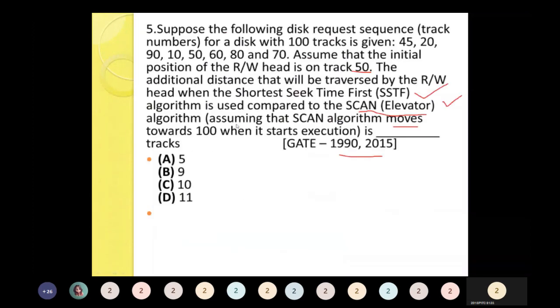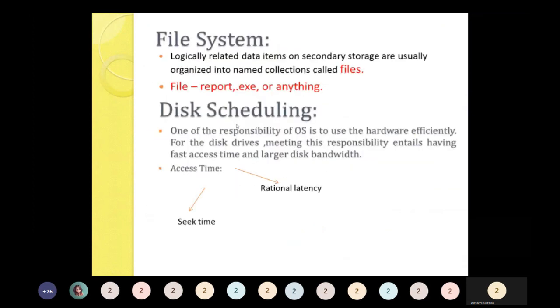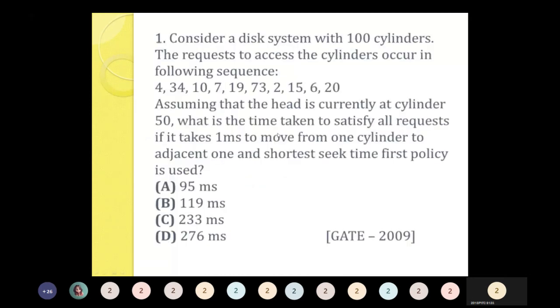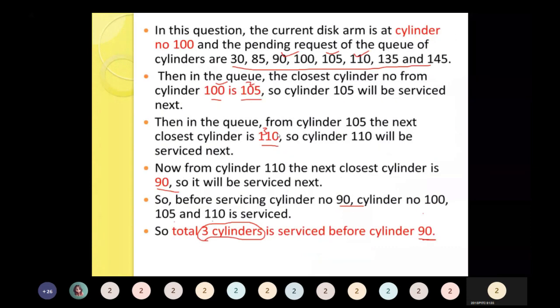These are some problems asked in the scheduling algorithm. So many questions are asked from SSTF, SCAN and FCFS. Rarely, questions may come from C-LOOK and LOOK and everything, so you have to refer to all those. It will be very useful for you.